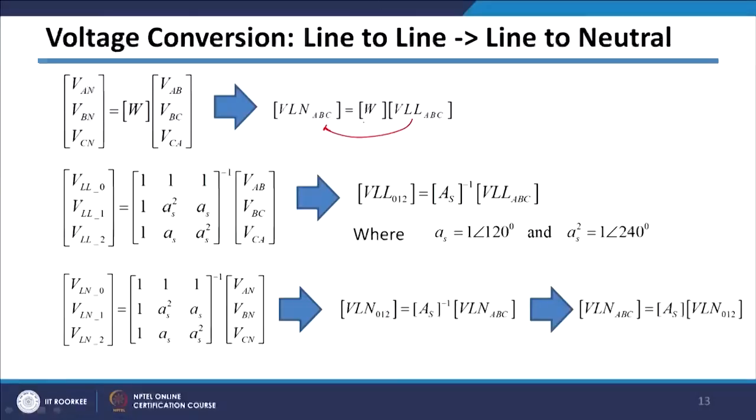We can get this W matrix from the following relations. You have to use sequence component theory to get this W matrix.